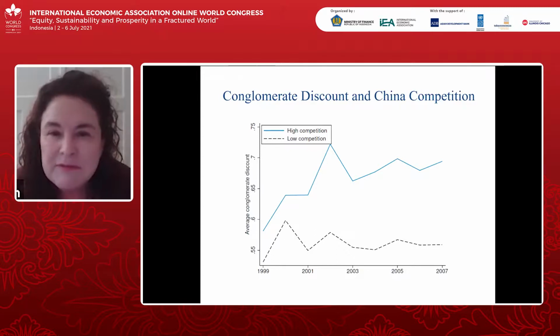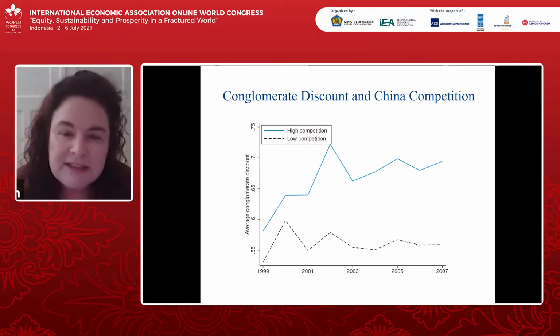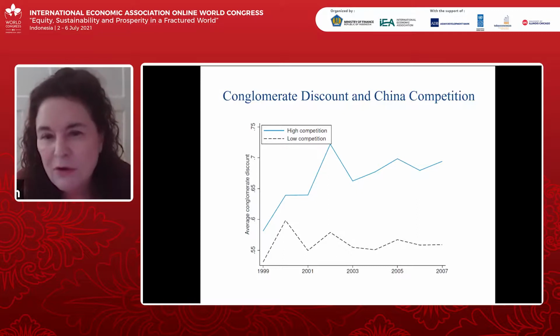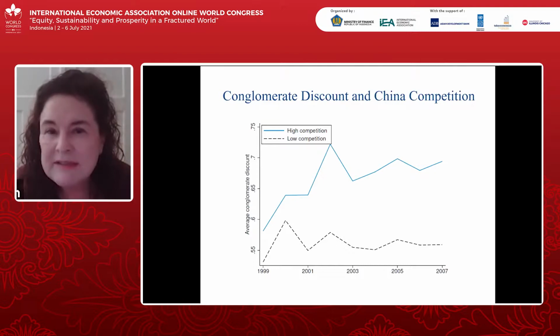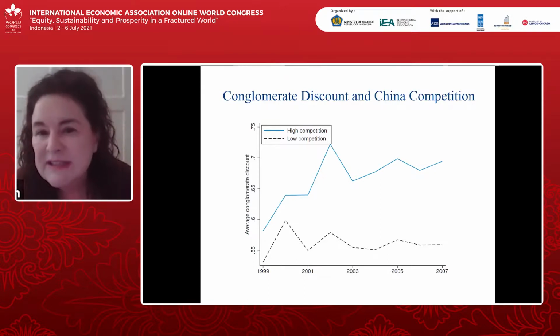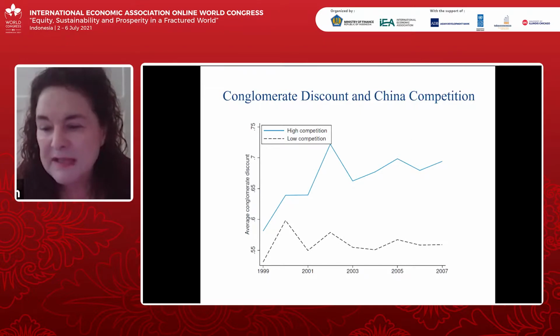The blue line gives the conglomerate discount for sectors which face high competition from China, and the dotted line gives the conglomerate discount for sectors which face low competition from China. As you see, the industries with high competition from China have lower conglomerate discount, and the discount declines over time, while in the sectors which face little competition, the discount remains basically constant.